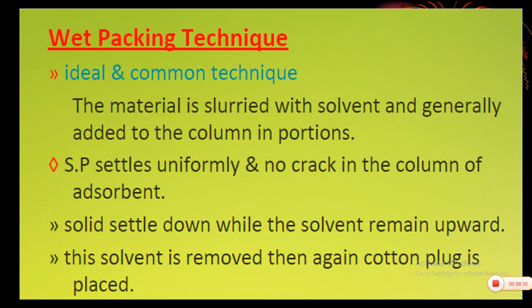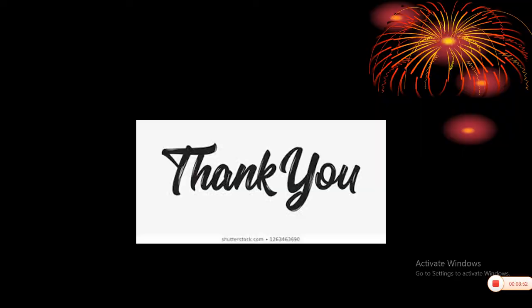The stationary phase settles uniformly and no crack in the column of adsorbent is observed. Solid settles down while the solvent remains upward. This solvent is removed then and cotton plug is placed at the top. Okay. So by using this methodology, either by dry packing or by wet packing, your column is ready for chromatographic technique.